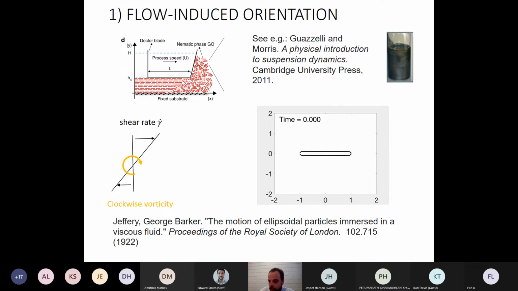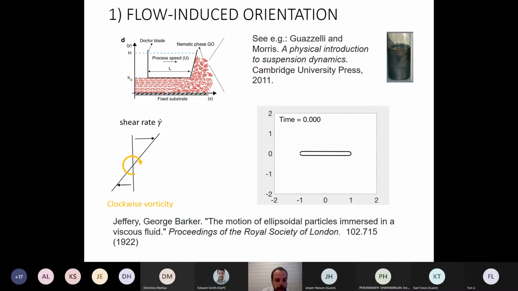Alignment of the particle is in an average sense, in an ensemble average or time average sense. But if you look at what happens to the particle individually, each particle will rotate, performing a very particular rotational dynamics that was very well studied by Jeffery at the beginning of the last century.